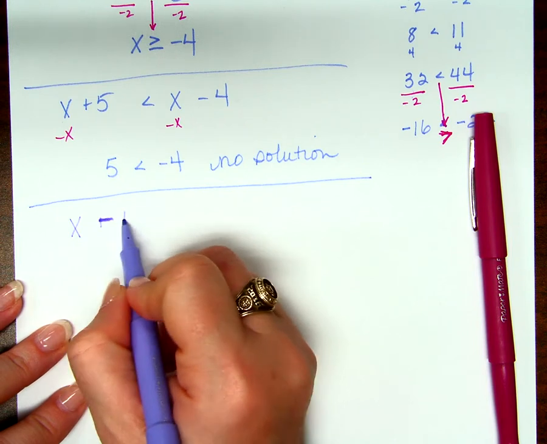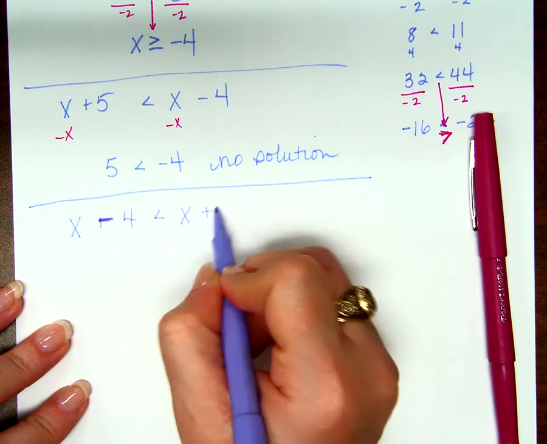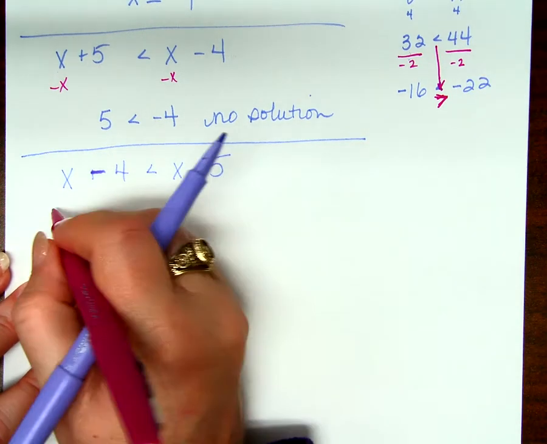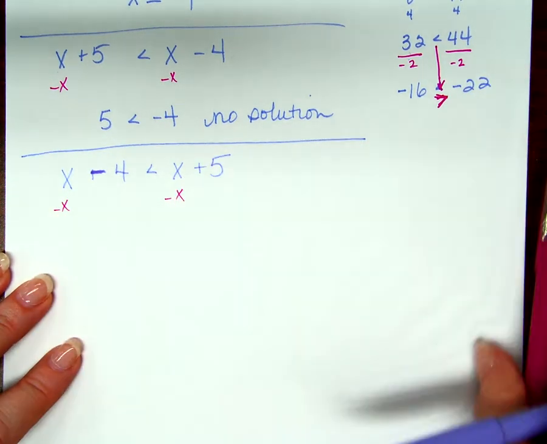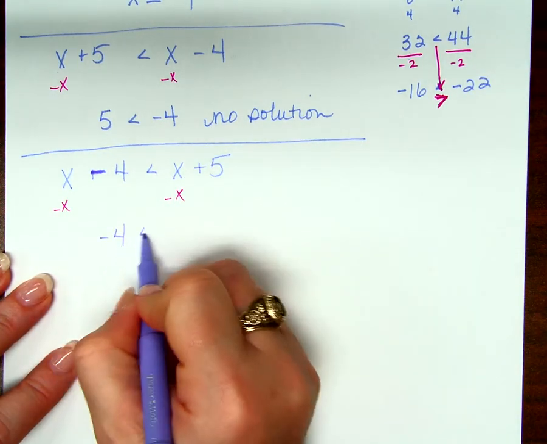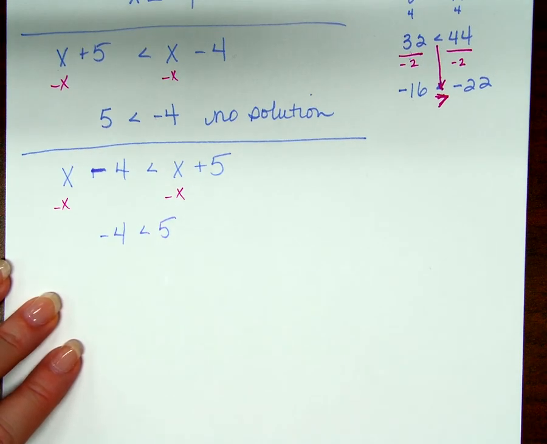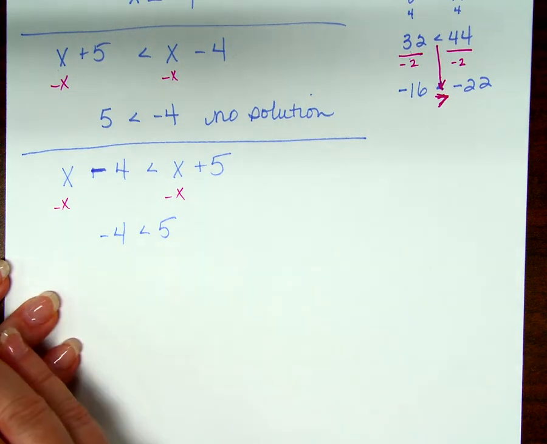Now, x minus 4 is less than x plus 5. If I subtract x from both sides again, I get -4 is less than 5. Is that true? Then it doesn't matter what value of x I put in, it will always be true.